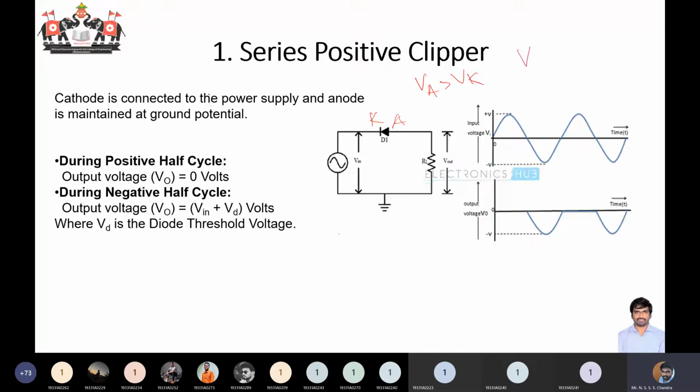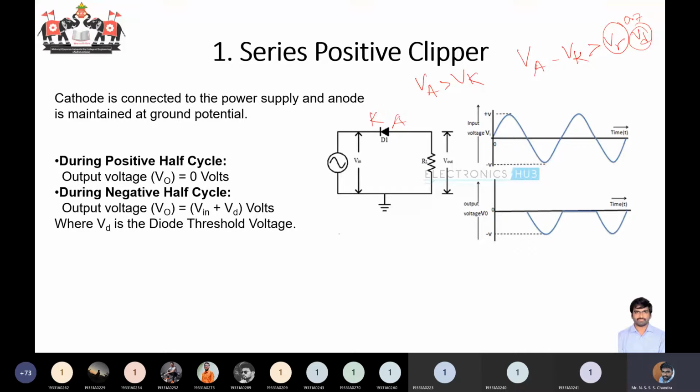For a practical diode, V anode minus V cathode should be greater than the cut-in voltage V gamma, around 0.7 volts, or you may consider it to be VD. So if the diode has to be turned on, V anode minus V cathode should be greater than the diode voltage VD.